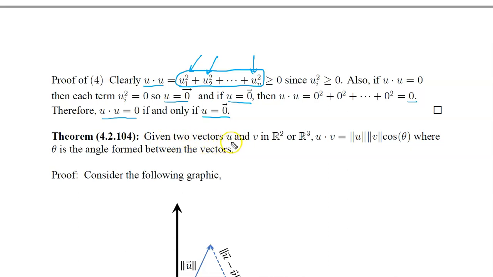So if you're given two vectors u and v, now first of all we're going to consider them to be in R2 or R3 first. Then u dotted with v is actually the magnitude of u times the magnitude of v times the cosine of the angle formed by the two vectors. So to prove this result, consider the following graphic down here.